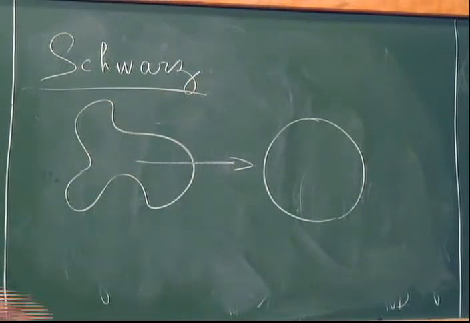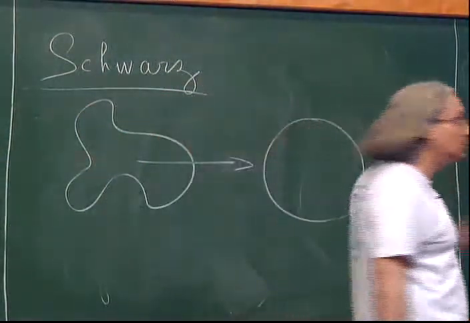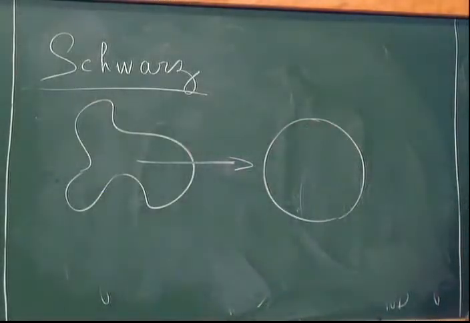So he said, let's begin by the simplest possible example. And he said, let me try to understand the case where the domain U is a triangle.